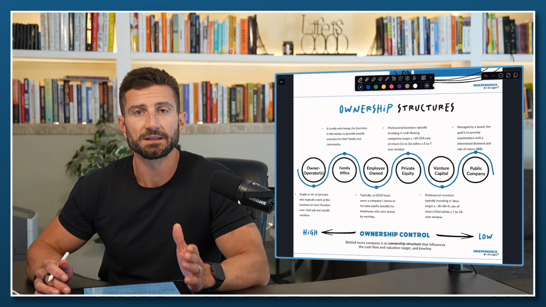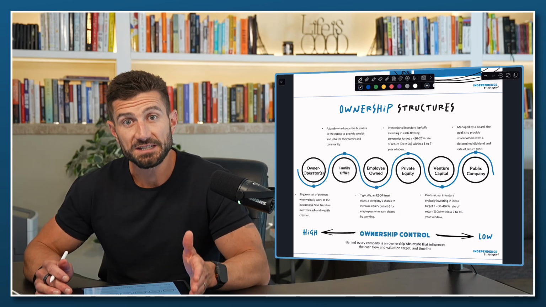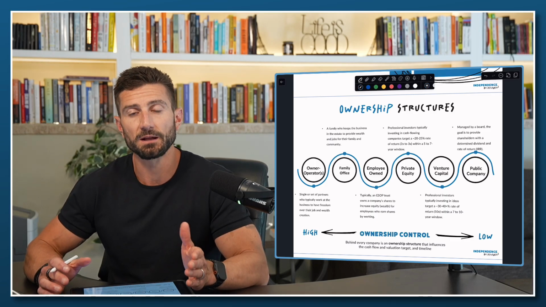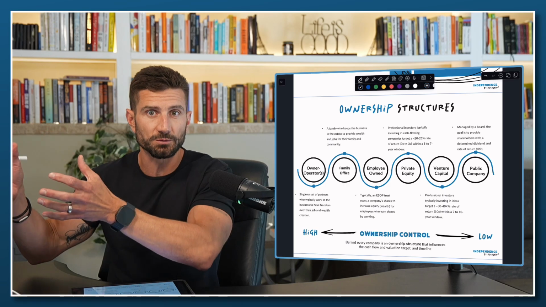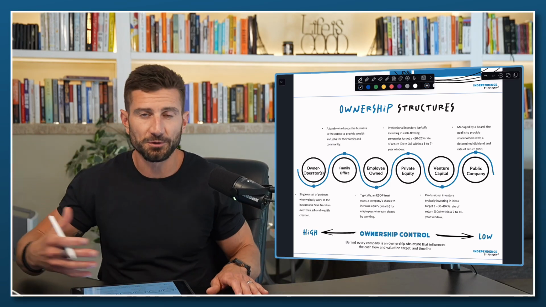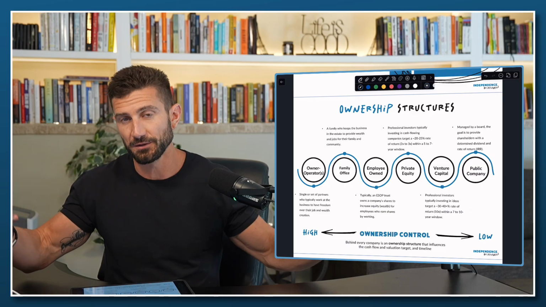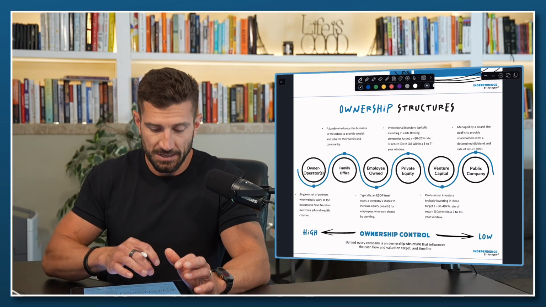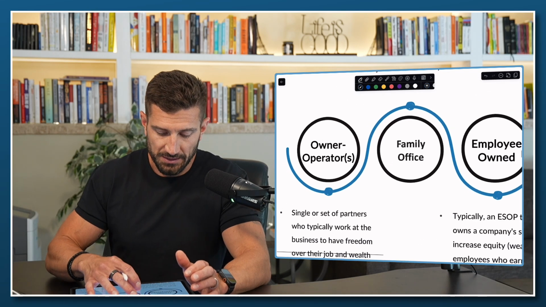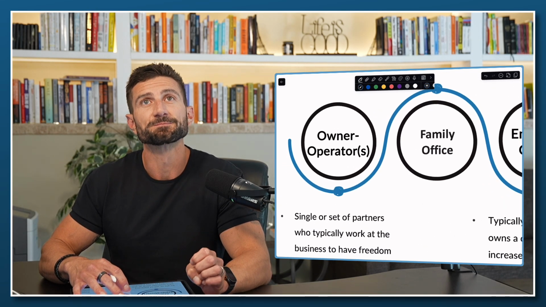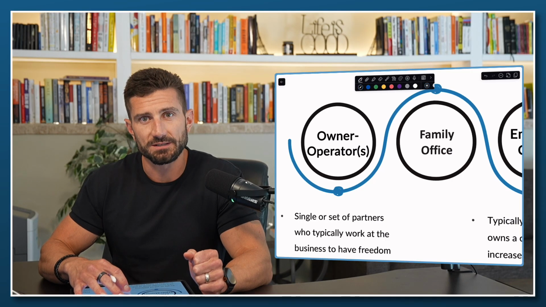Understanding the constraints and the thesis of each of these buyer groups and ownership structures is going to be super important, because that allows you to match up your goals for the company: how are they going to handle your employees, your legacy, and the trade-offs of cash at closing versus money over time. And I'm going to go through each of these, because each will have different nuances that come with them.